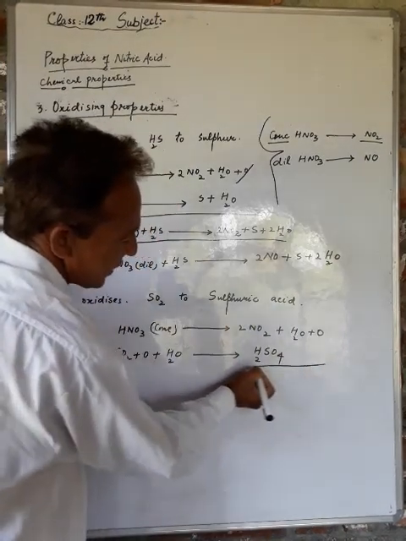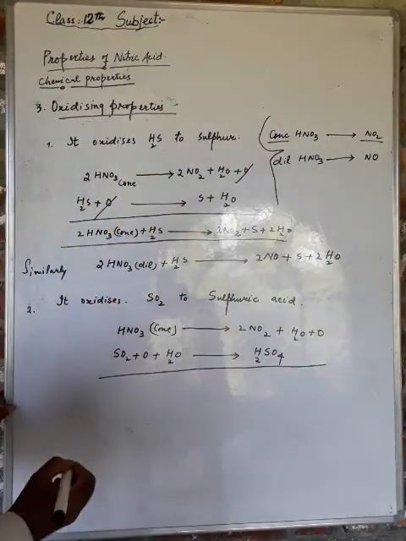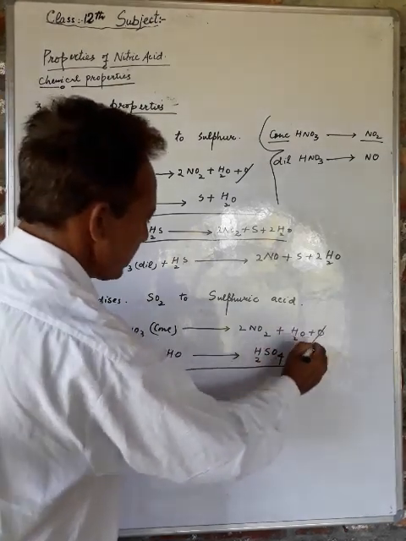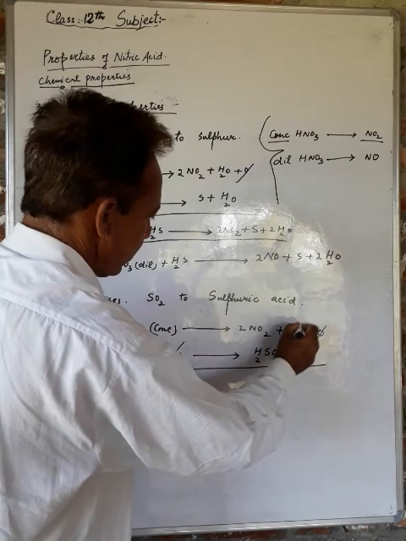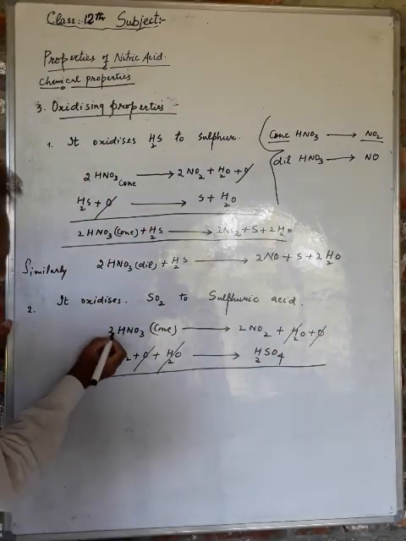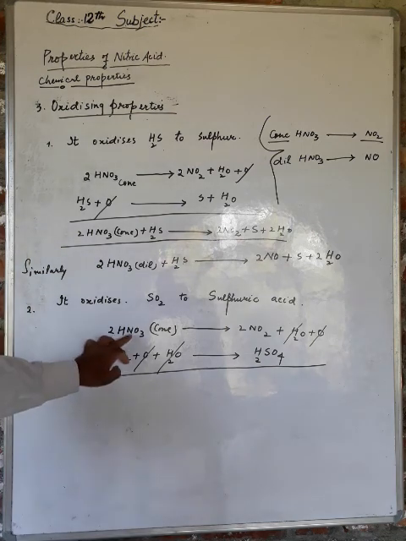Again this is a balanced chemical equation. Now we will add the two half reactions. Oxygen cancels, and water from this side will also cancel. Sorry, it is twice HNO3. Twice hydrogen, twice nitrogen, 6 times oxygen.